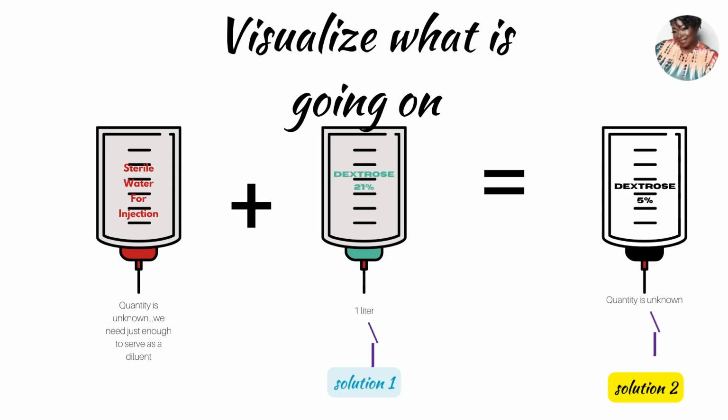In this case, your dextrose 21% is present in the past. Why? Because you're going to add something to it and change that strength, right? Your dextrose 5% is present in the future. You haven't made it yet.